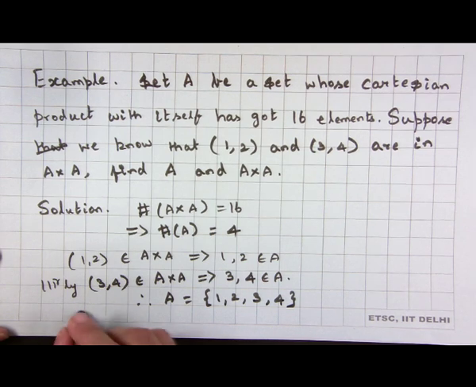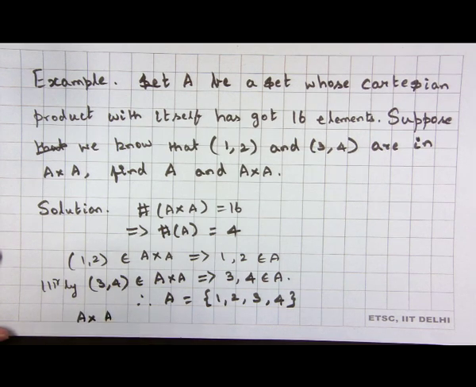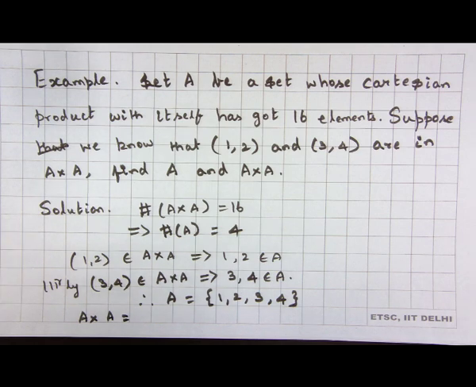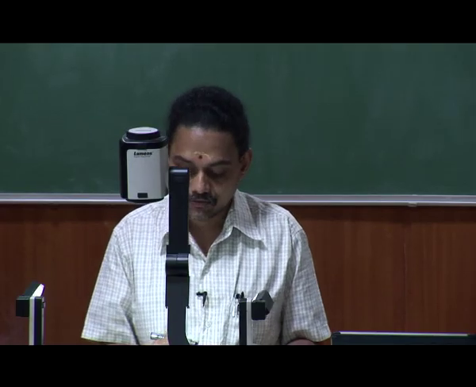Now, A cross A is going to have all 16 elements, with pairs consisting of elements lying from 1 to 4.